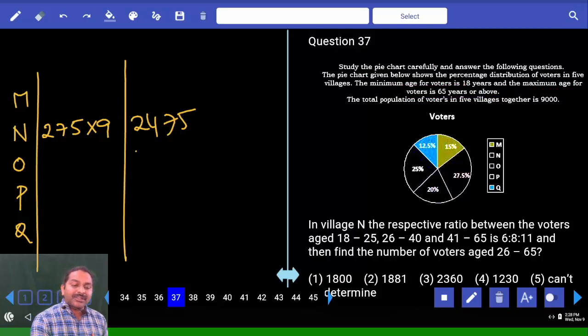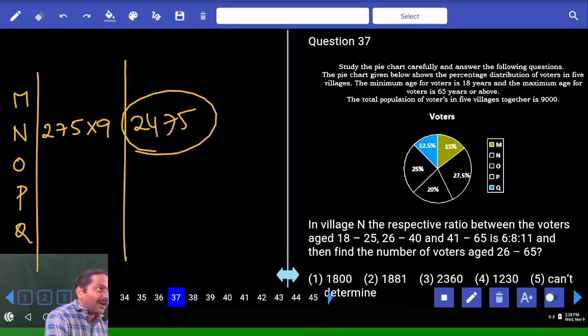So these 2475 members' ages range from 18 to 65 and above. 65 or above is included, but we don't know how far above. So 18 years onwards. Understood?